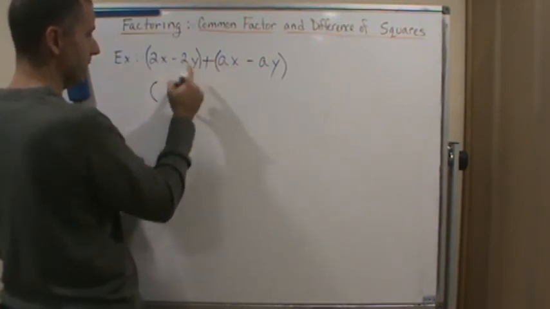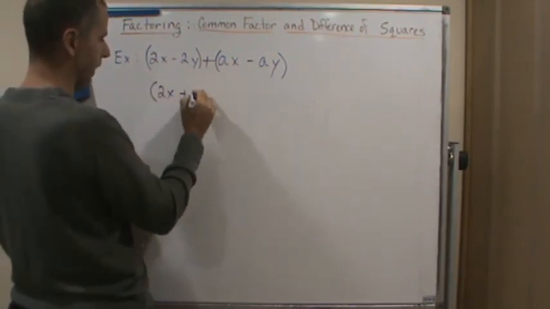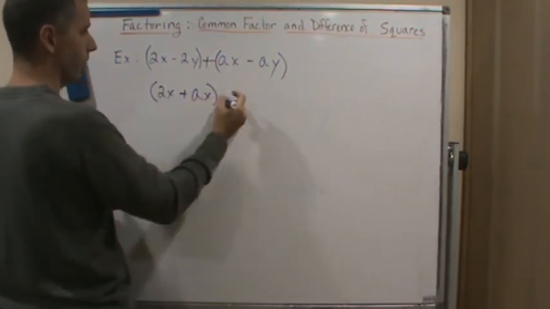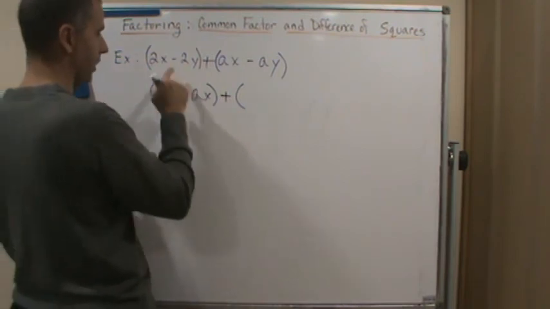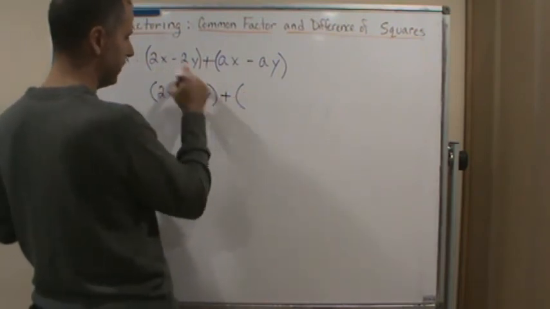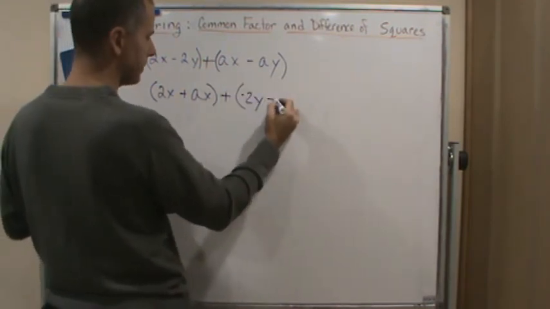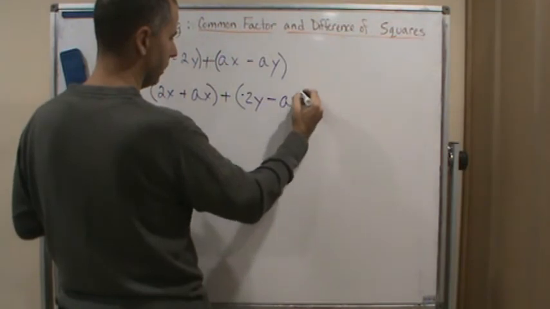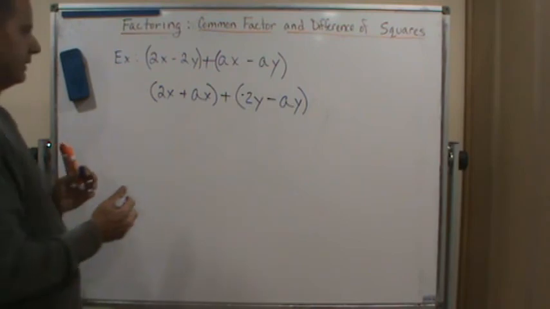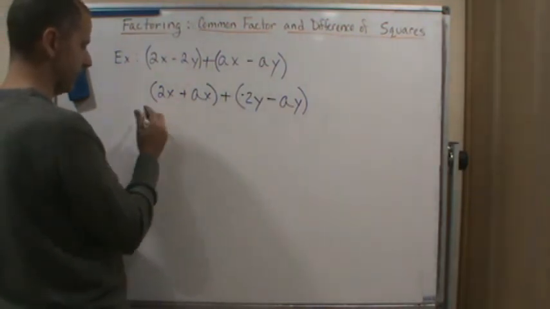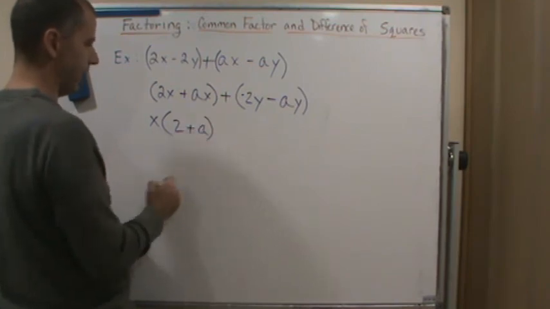So I could write this as 2x plus ax, and then plus, now I've got minus or negative 2y minus ay. Now look at this, I've got a common factor here of x. So I'm going to pull the x out and that leaves me with 2 plus a.